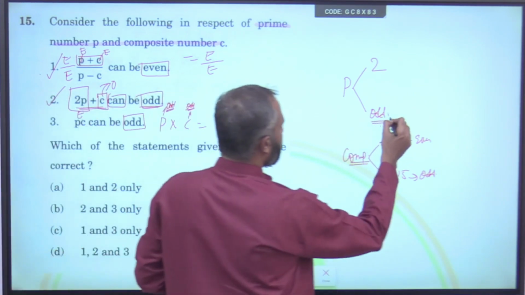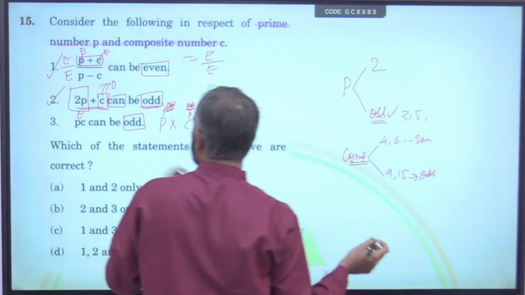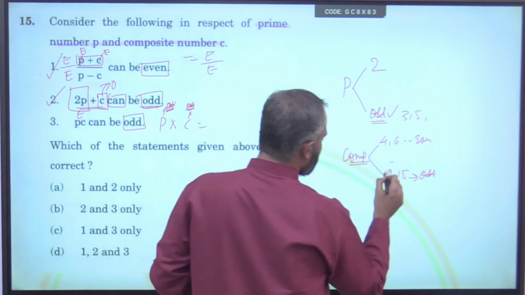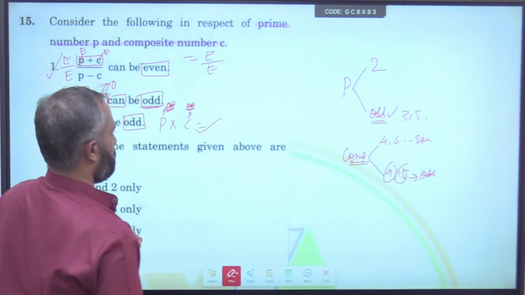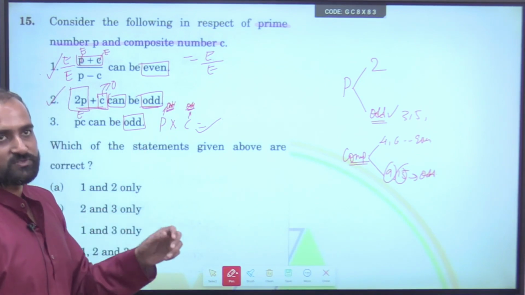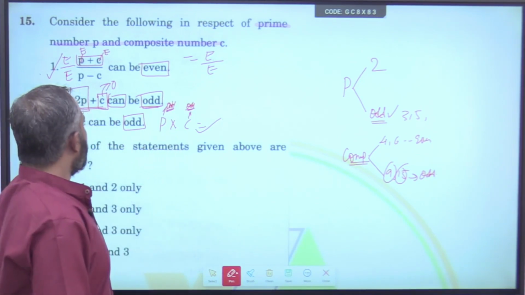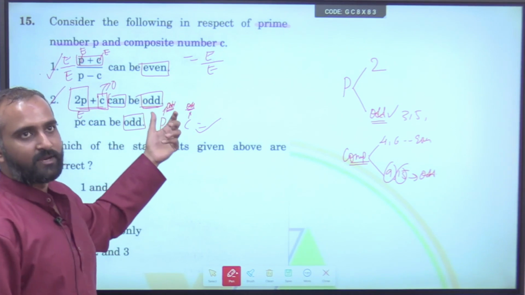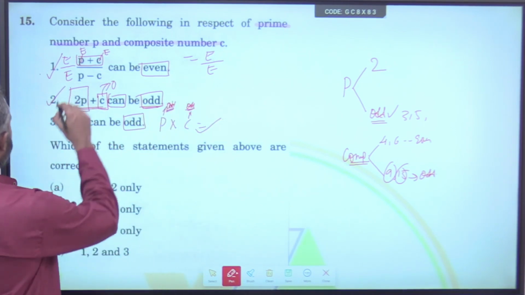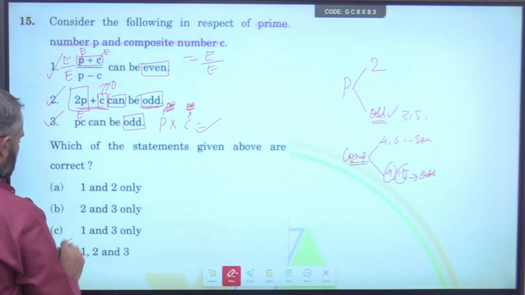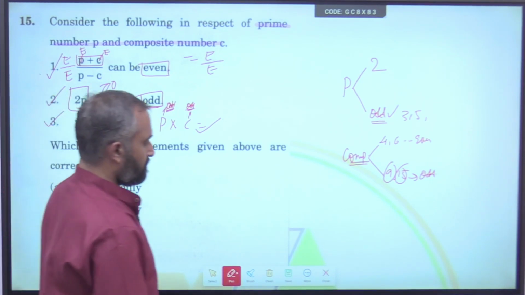Yes, we have odd primes 3, 5, 7 and all. Do we have odd composites? Yes, 9 and 15. So, this can be odd too. So, instead of force fitting and thinking of answers which can be forcefully fitted into this, think from the basic principles itself. So, since all three statements are correct, the answer is 1, 2 and 3.